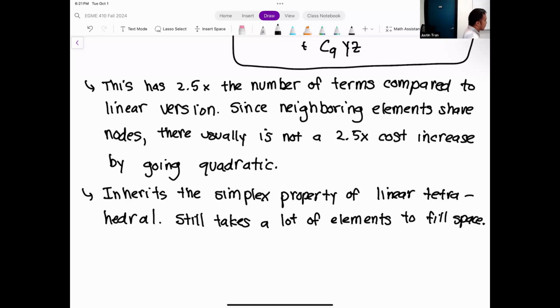But the biggest benefit of going from linear to quadratic is that you have those higher order terms. So you have the quadratic terms, you have the cross terms. And so, you basically eliminate the possibility of shear locking.